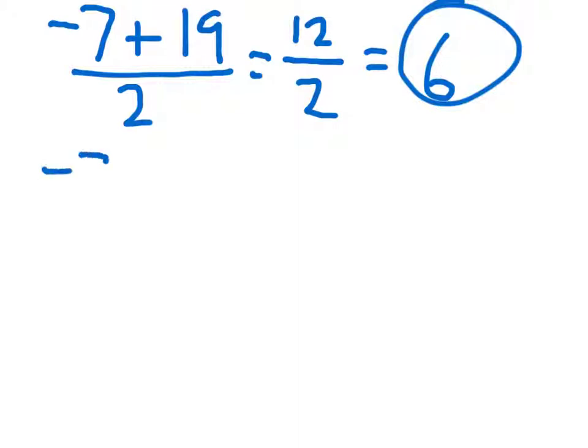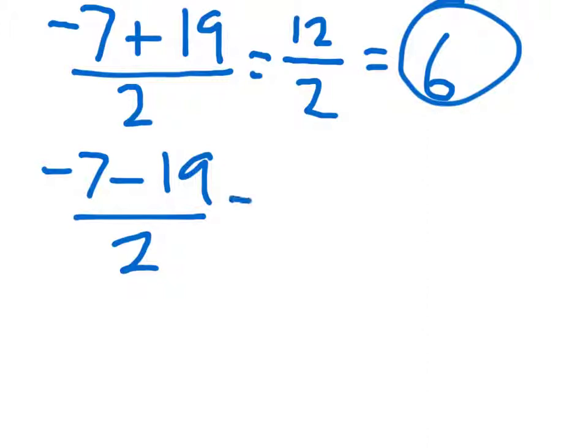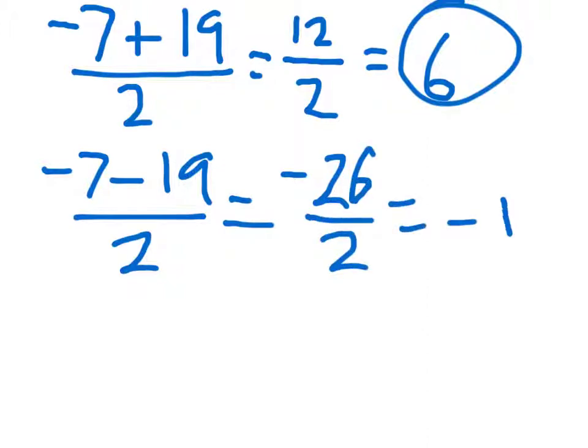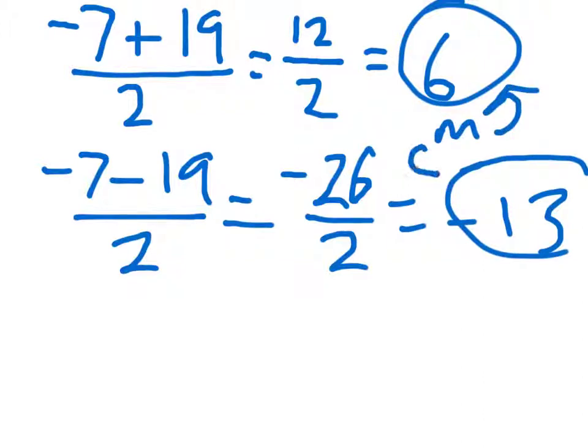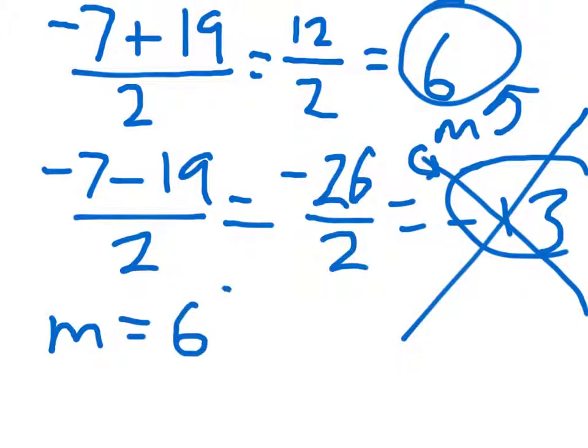And then we get negative 7 minus 19 over 2, which is, if I'm not mistaken, negative 26, yeah, that's right, over 2, which is negative 13. So m equals both of these answers. But in this case, the negative is not valid because you can't have a negative area. That doesn't make any sense. Negative dimensions? No. So m equals 6.